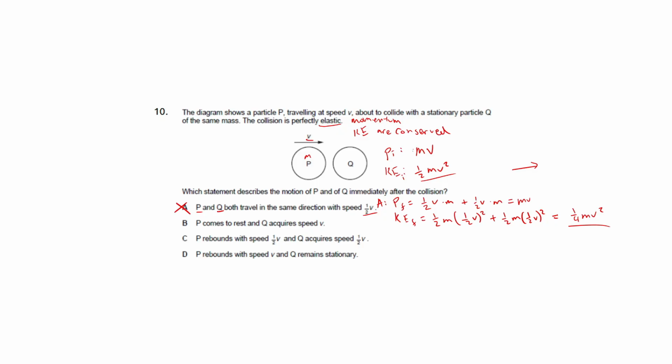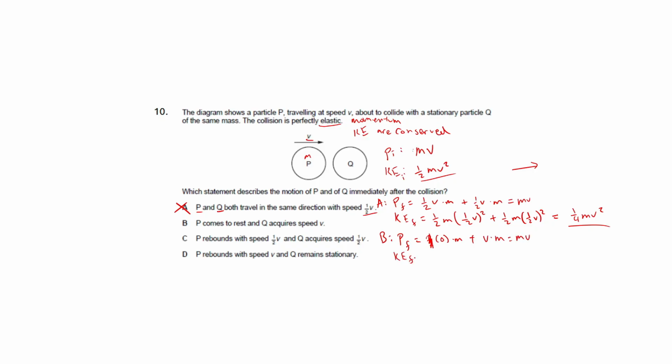For B, P comes to a rest and Q acquires speed v. So if we do P final, it becomes 0, because there's no 1/2 times m. That's for P. And then Q will become v times m, or mv.